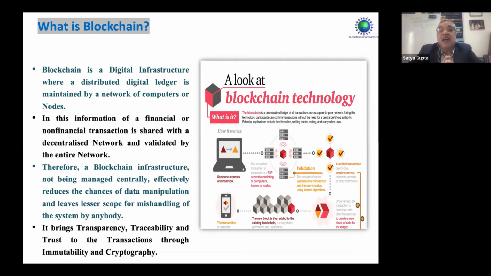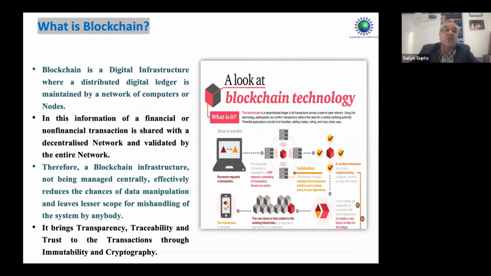So what is blockchain? I believe this audience may already know, and that is why they are in this class. Blockchain is a digital infrastructure, and I have given this name from my side because I work in that domain. A distributed digital ledger is maintained by a network of computers, or nodes.